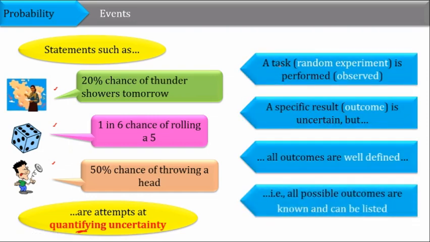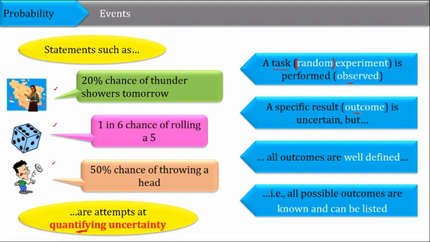Now, this process can be described as follows. We perform a task or a random experiment. Okay, this random part is very important. So we perform a task or a random experiment and we observe what happens. Now, we cannot predict exactly what the specific outcome is going to be.